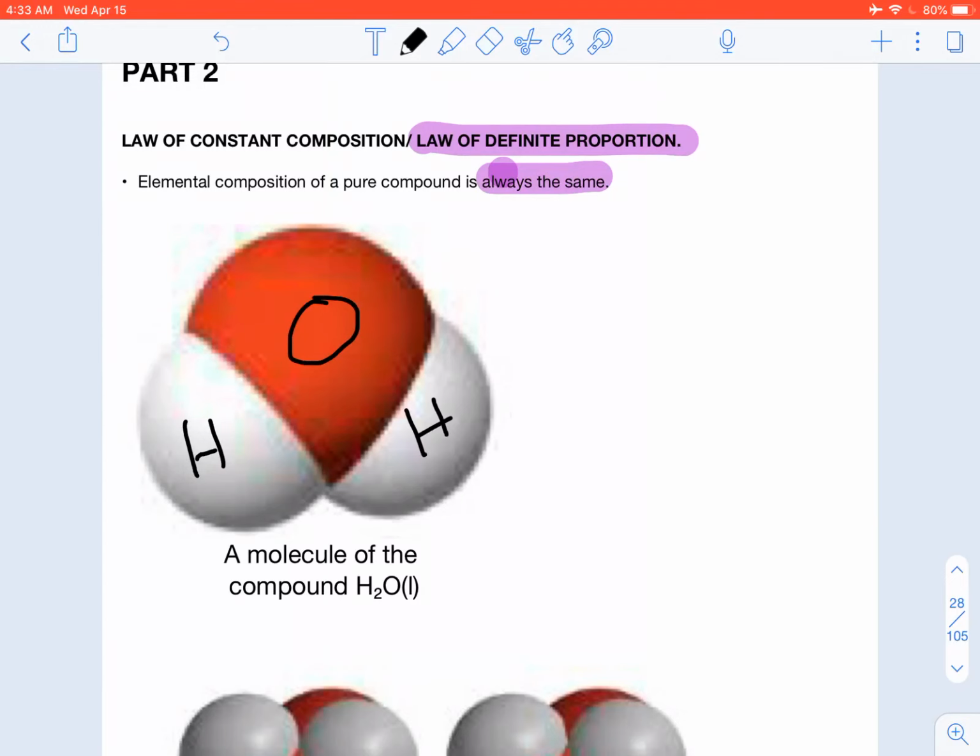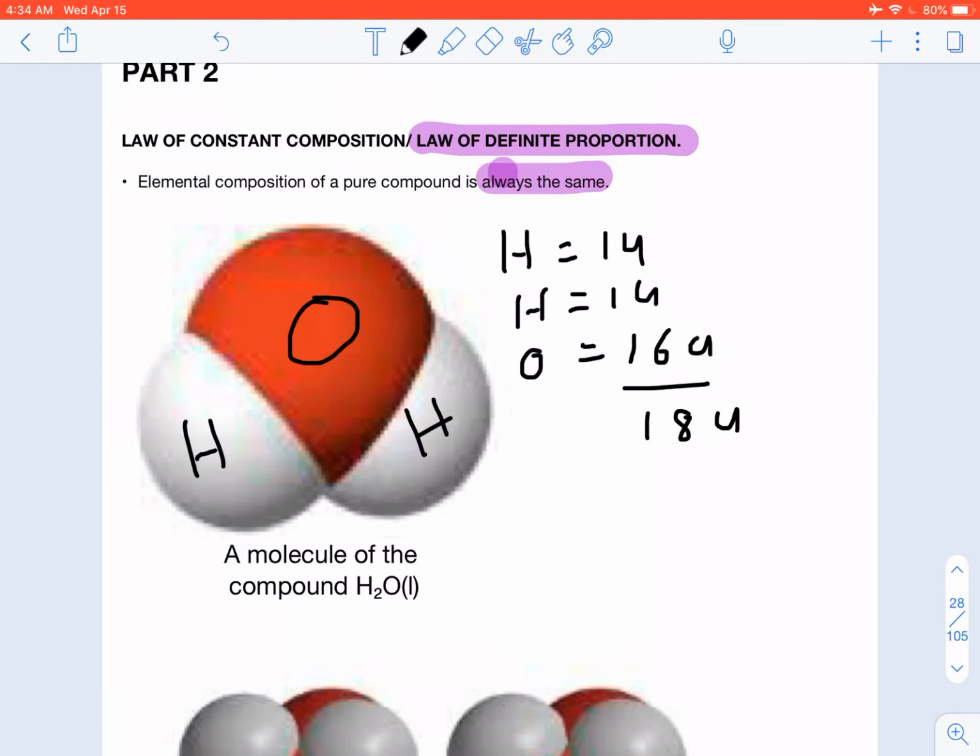In terms of atomic mass units, we know that hydrogen mass is equal to 1 U, and we've got 2 of it, so the other hydrogen is 1 U, and oxygen is equal to 16 U. So in total, the molecule has a mass of 18 U.